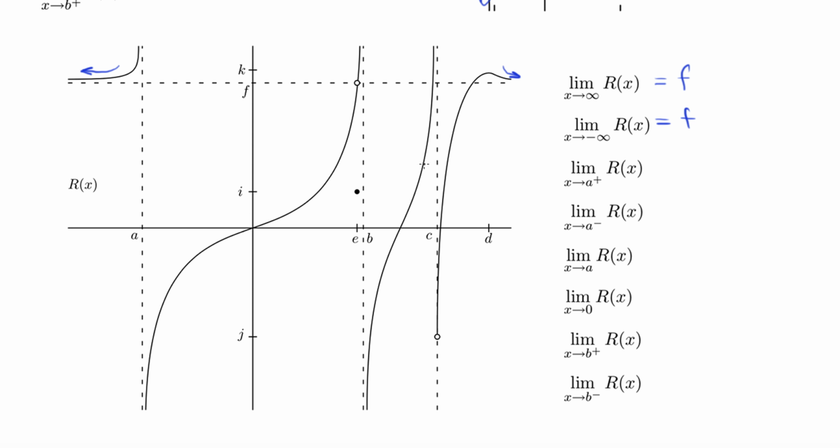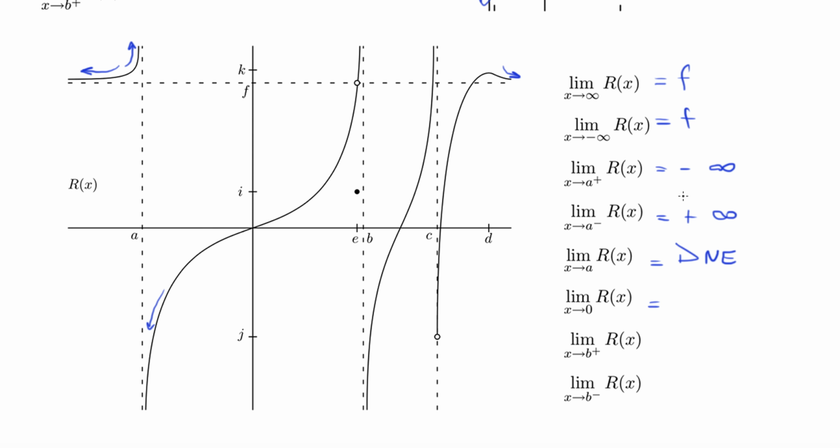When x approaches from the right of a, this is approaching negative infinity. Okay? When x approaches from the left of a, notice here, it's approaching positive infinity. Now, since these two are not equal, it does not exist.